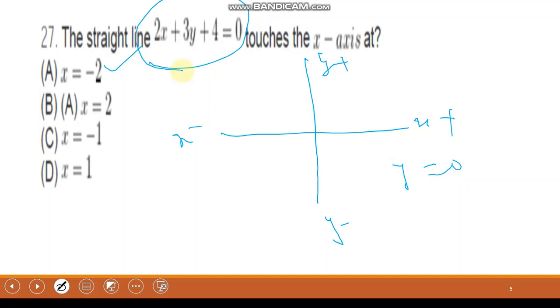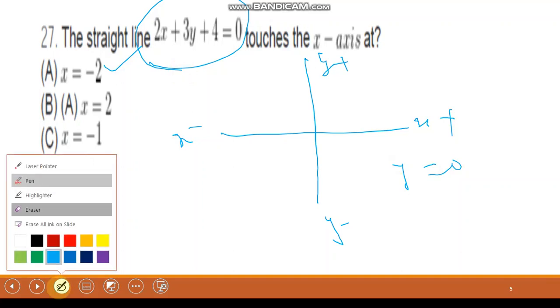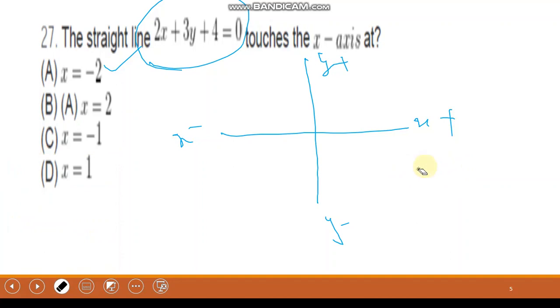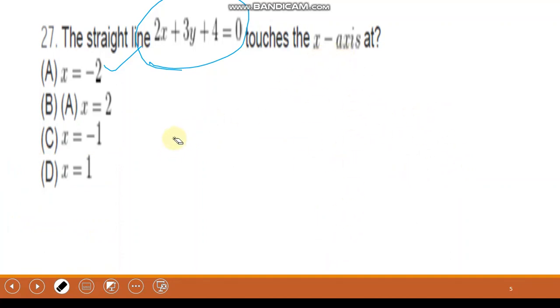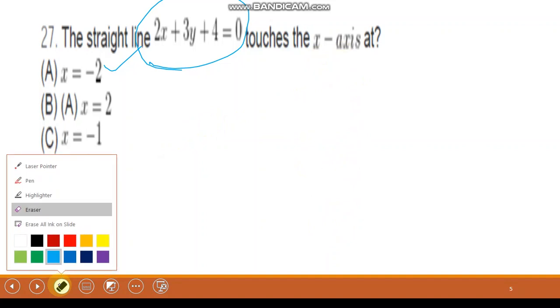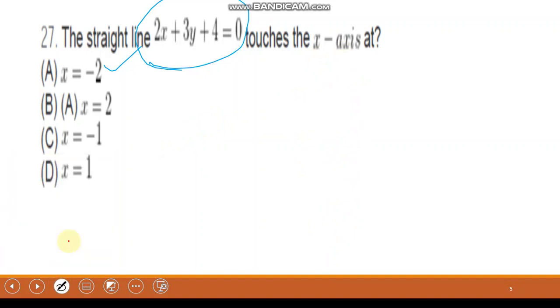Now if I get this value and put it in x, I will get 2 times minus 2, plus 3y plus 4 is equal to 0.